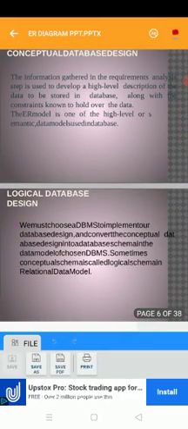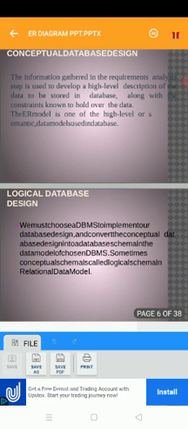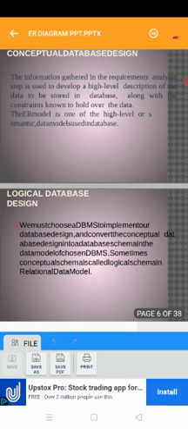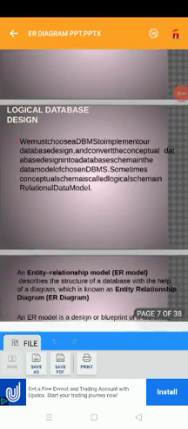We must choose a DBMS to implement our database design and convert the conceptual database design into a database schema.